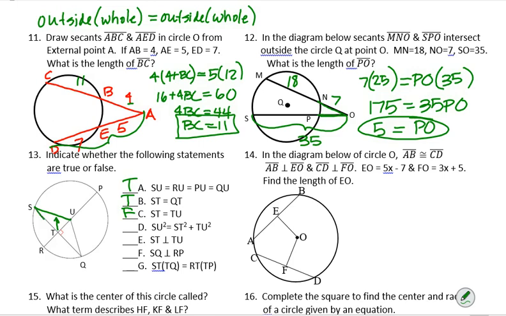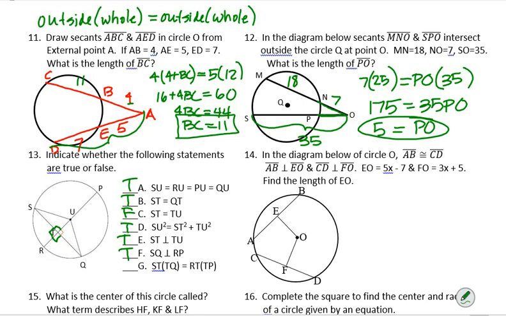Is it equal to ST squared plus UT squared? Yes, that's true. Then we've got ST is perpendicular to TU, that's true. Because all 4 of these angles, recall, would be right angles, wouldn't they, y'all? So that's true. And then SQ is perpendicular to RP, that's true as well.